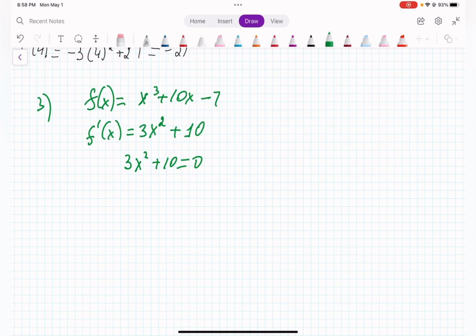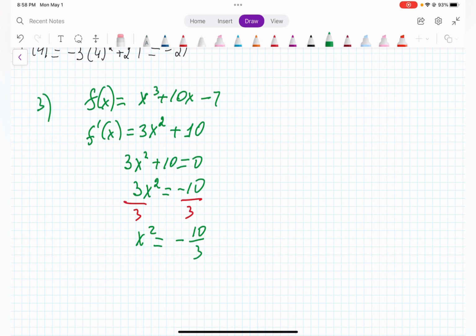And we are getting 3x squared equals negative 10, and dividing by 3 on both sides, we are getting x squared is equal to negative 10 over 3.